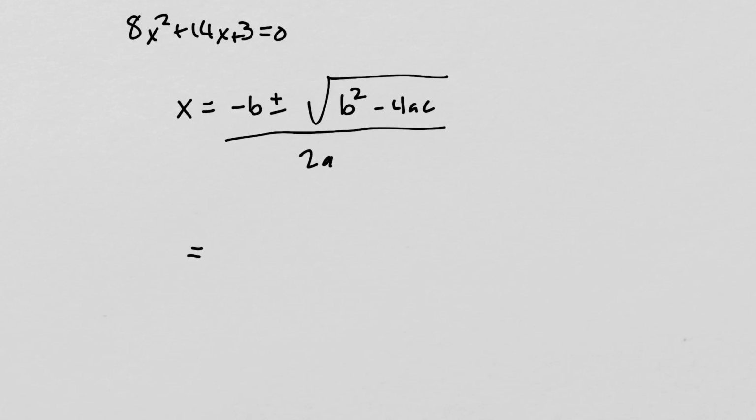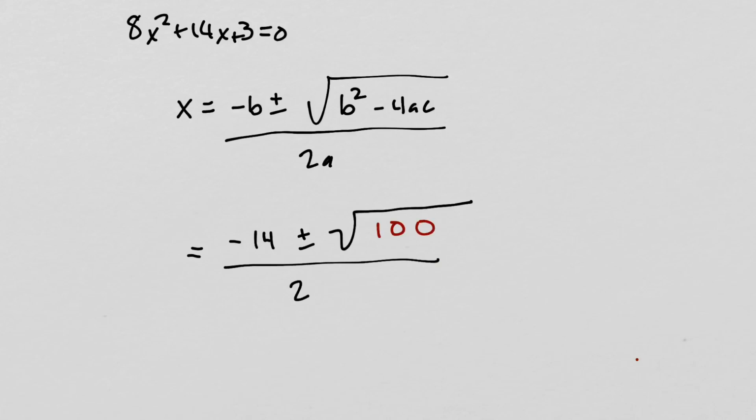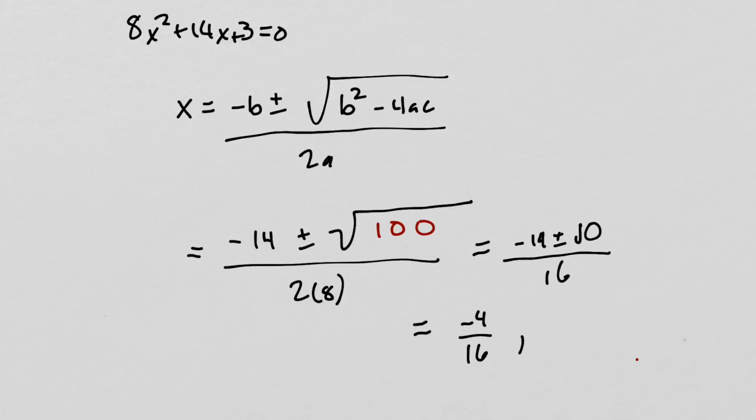Plugging in our a, b, and c, we get negative 14 plus or minus the square root of 100, since we found the discriminant in the last step, all divided by 2 times 8. Simplifying this, we get negative 14 plus or minus 10, divided by 16. Then this is either equal to negative 4 divided by 16, or it's equal to negative 24 divided by 16.